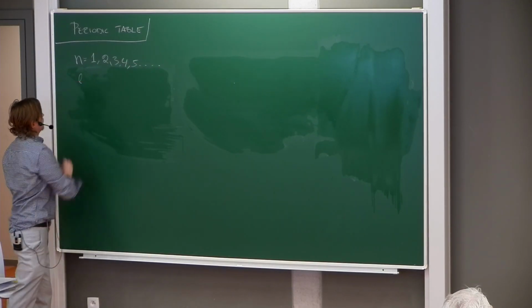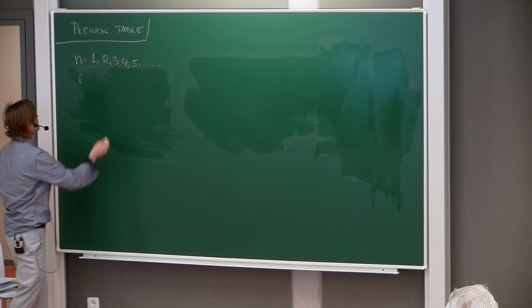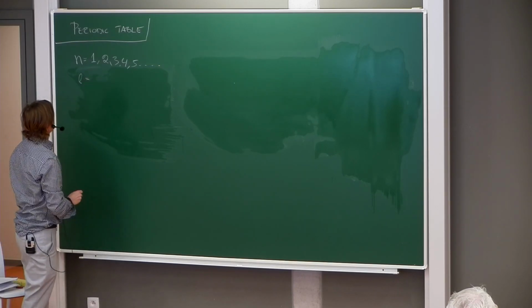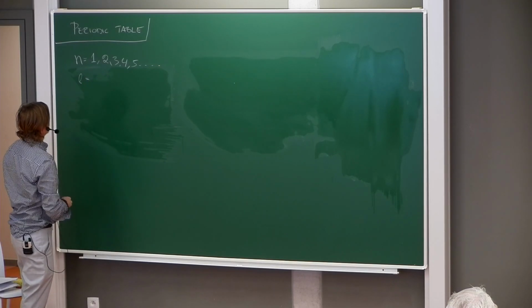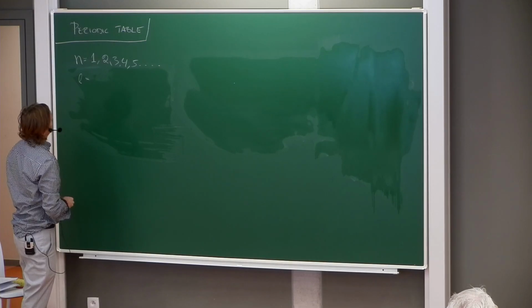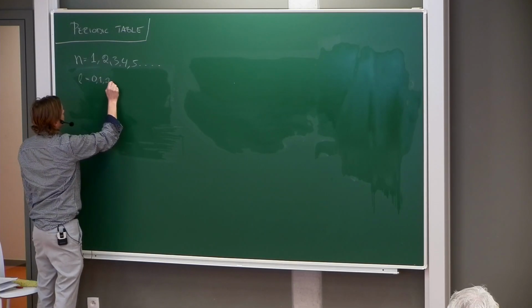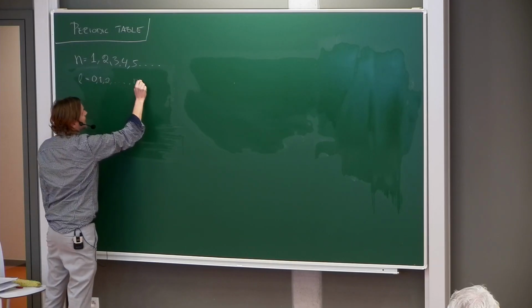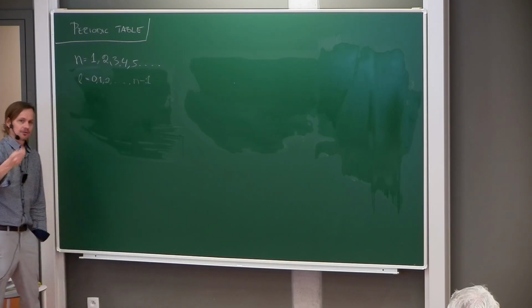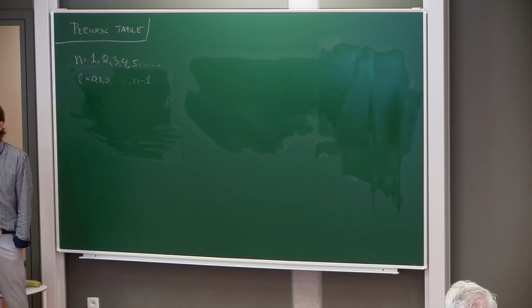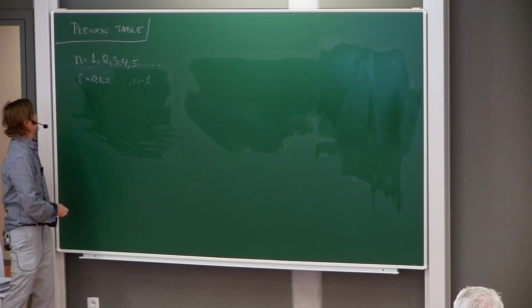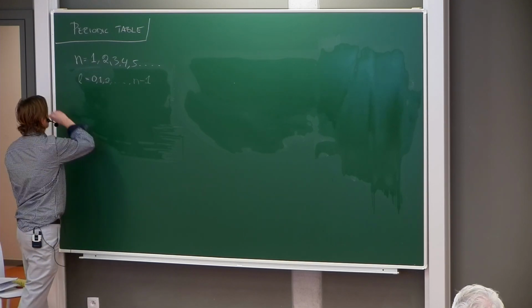Then we had the little l, the orbital angular momentum quantum number, which could then go from 0, 1, 2, up to n minus 1. If you don't remember this, go back and look at the solution to the hydrogen atom.